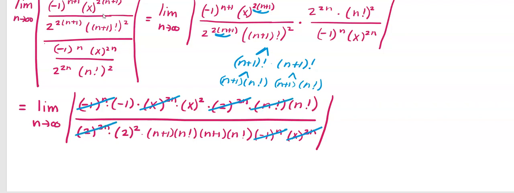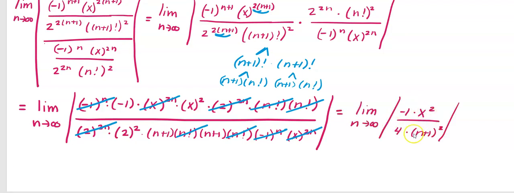I have an n factorial and another n factorial. As you can see, we have a little bit remaining in the numerator and the denominator. What we had remaining was a negative 1 and an x squared in the numerator. We had an n squared, which is really just a 4 in the denominator, and then 2 n plus 1s, so that'd be n plus 1 squared.